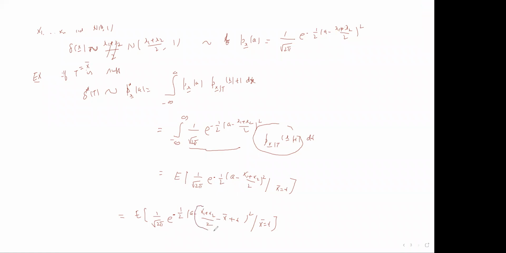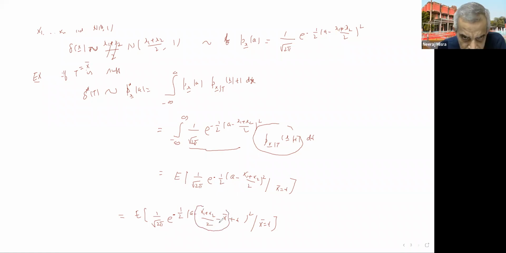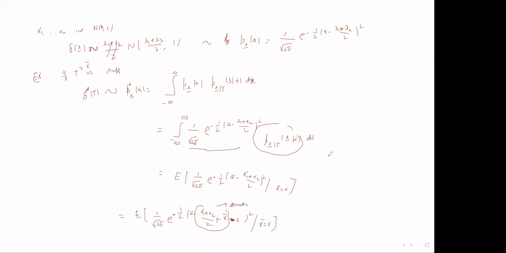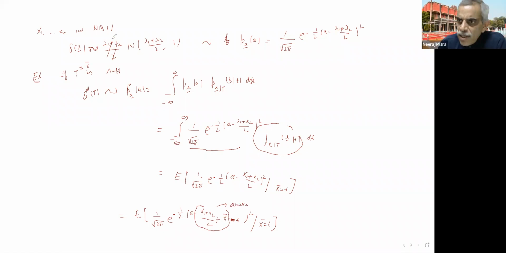Now, this quantity is ancillary. No, this would be plus, right? Plus here and minus here, right? Because it is e to the power minus. This is ancillary. Why? Because x1, x2 are already normal with mean theta and variance 1, right? So if you look at x1 plus x2 by 2 minus x bar, it is a linear combination of normals, so it will be normal.